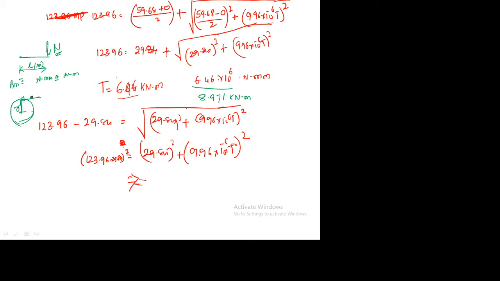R is the radial distance, F is a tangential load in Newton, R is in mm. Again, T is in terms of Newton mm or Newton meter. Don't get confused. I think everyone got the answer.